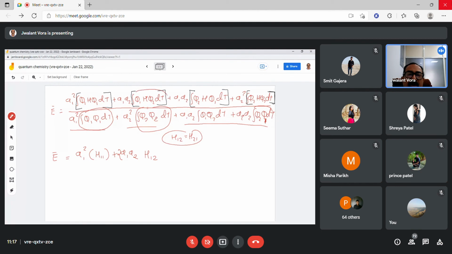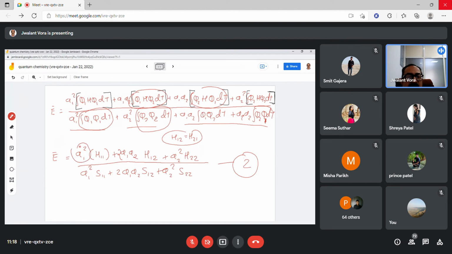So આ બંનેને ભેગા લખી કાઢો plus A2 square H22 divided by A1 square S11 plus twice A1A2 S12 plus A2 square S22. Let this be equation number 2. Okay.